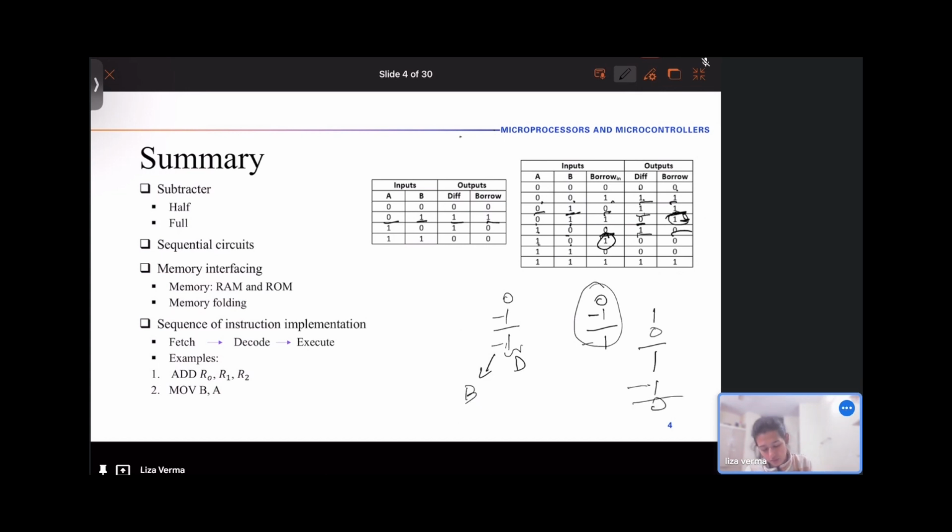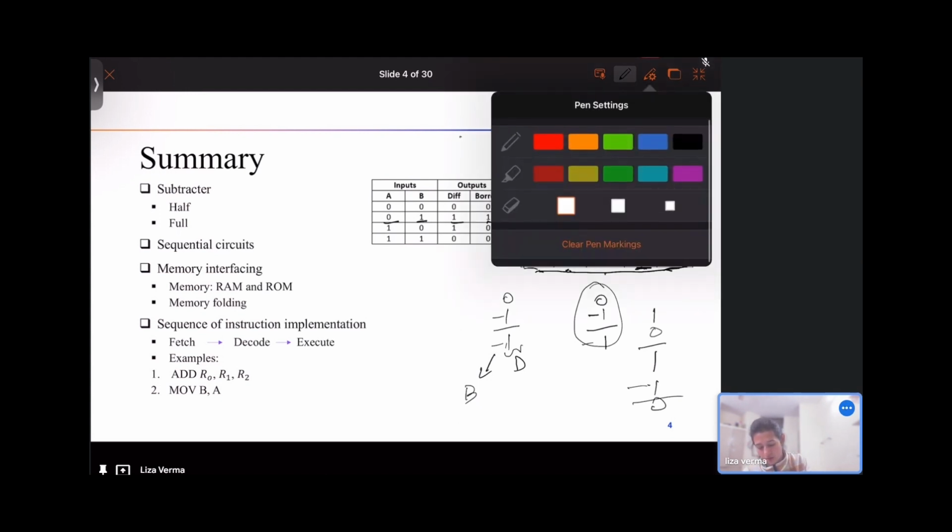You get 0 difference and 0 borrow. 1 minus 1 is 0. 0 minus 0 is 0 and 0. For this last row, 1 minus 1 is 0. 0 minus 1 is 1 difference and 1 borrow, right? So that completes our full subtractor.